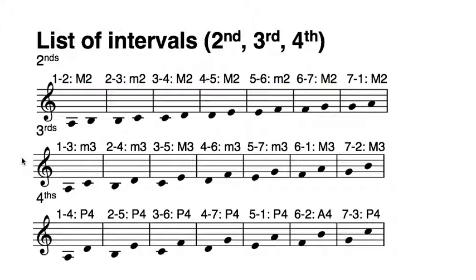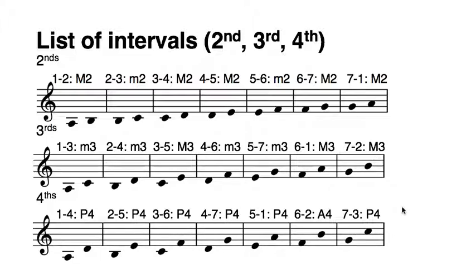It's what is mostly used, except for certain passages in music that require the use of the harmonic or melodic minor scale. Here we have all of the seconds that are possible, all of the thirds and all of the fourths.